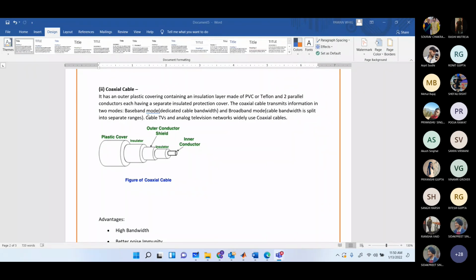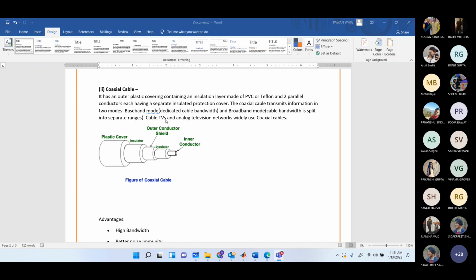Baseband mode has a dedicated cable bandwidth, and in broadband mode the range is very wide. Baseband mode is used only for TV and channel purposes. But if you want to run your internet through it, you ask for broadband mode. With the same coaxial cable, both modes can be transferred.